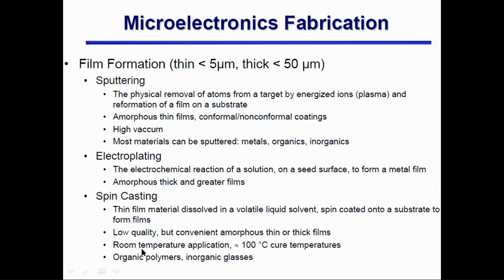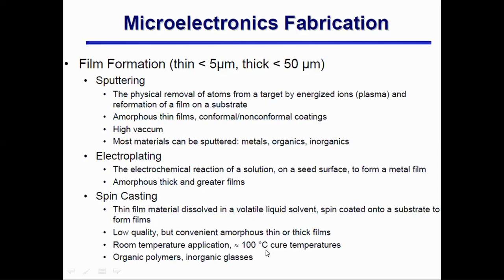Spin coating is also a technique by which we could add layers on top of the material. Thin film material dissolved in a volatile liquid solvent is spin coated onto a substrate to form films, but the quality would not be so good, low quality, but convenient, amorphous thin or thick films. The process would take place at room temperature.